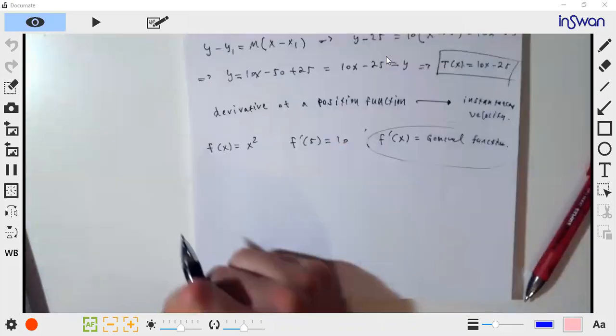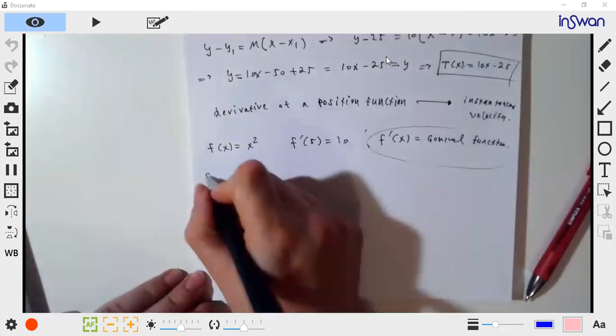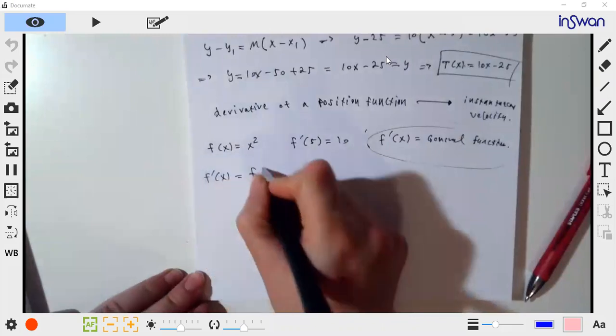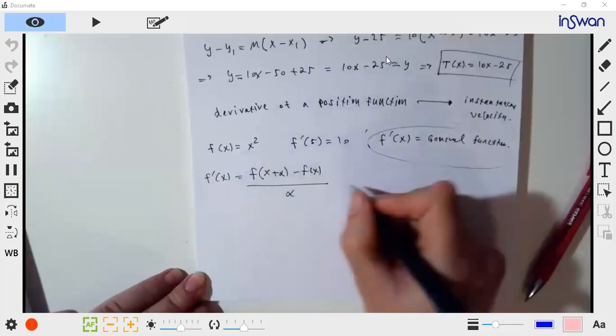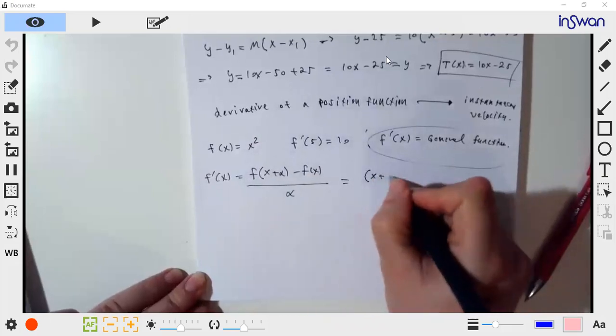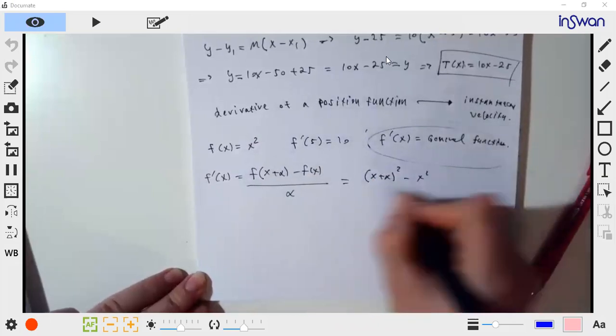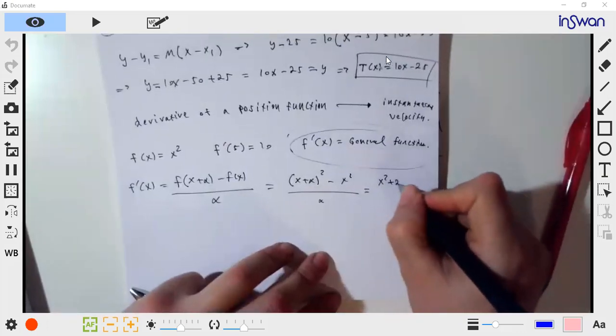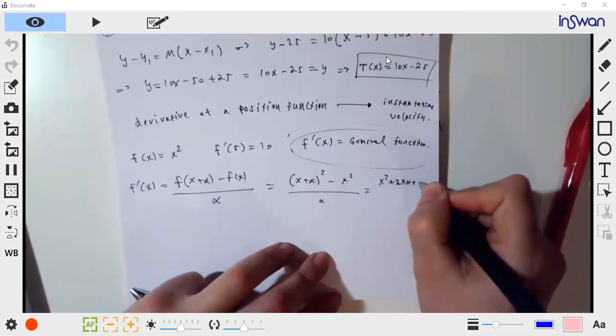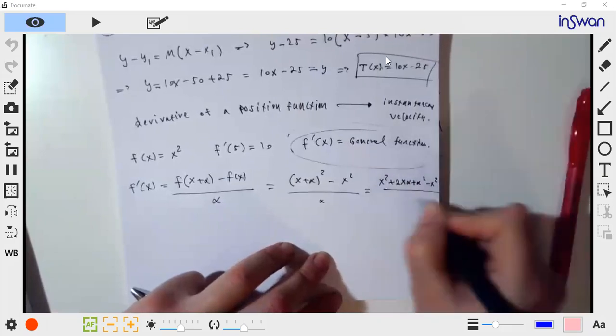So f prime of x in general will equal f of x plus alpha minus f of x, all over alpha. Notice this equals x plus alpha quantity squared minus x squared, all over alpha. Notice this equals x squared plus 2x alpha plus alpha squared minus x squared, all over alpha.